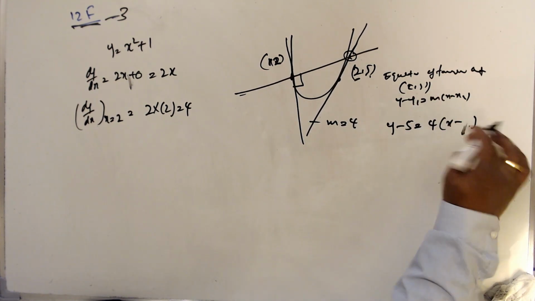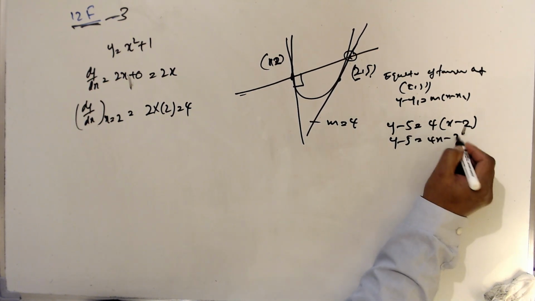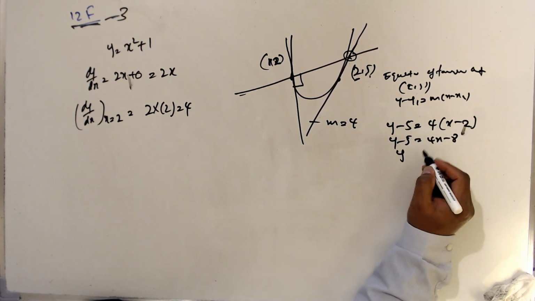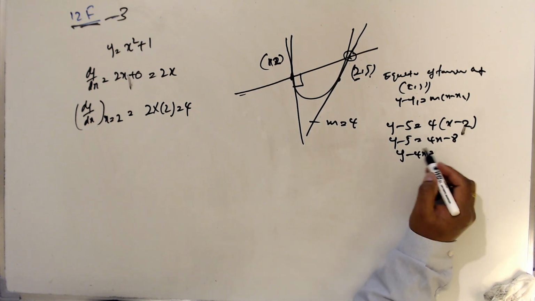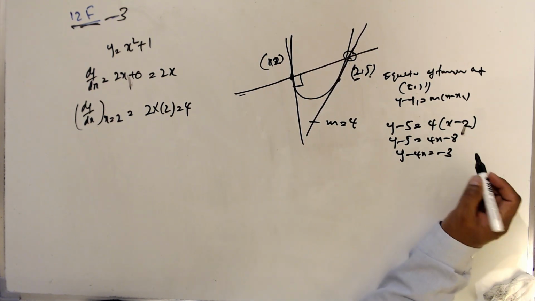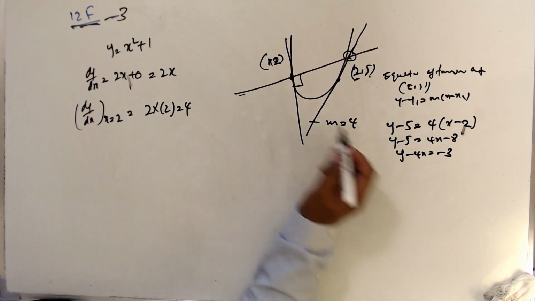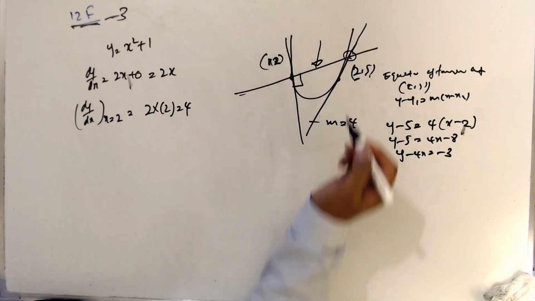The x value is 2. So y minus 5 equals 4x minus 8. y minus 4x equals minus 3. Minus 5 to the other side. So when you simplify, now we'll find this one.